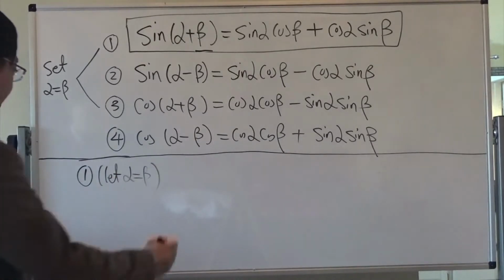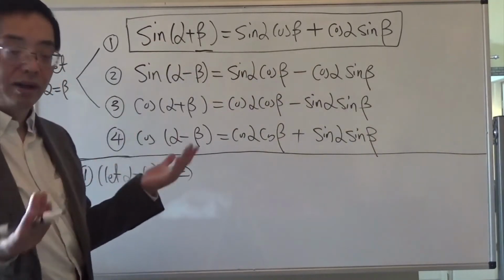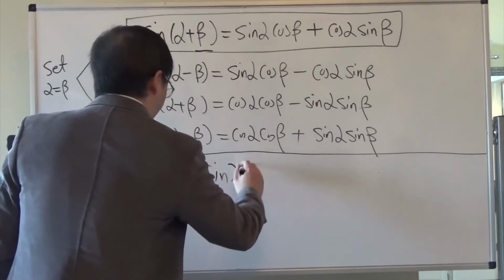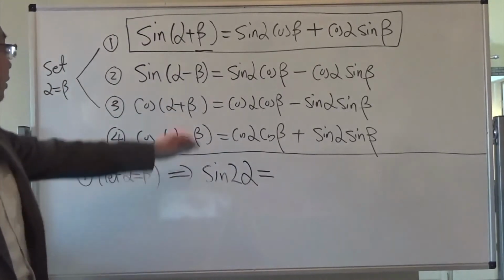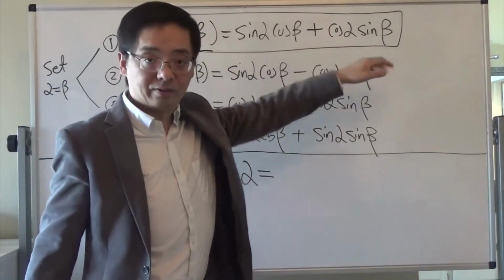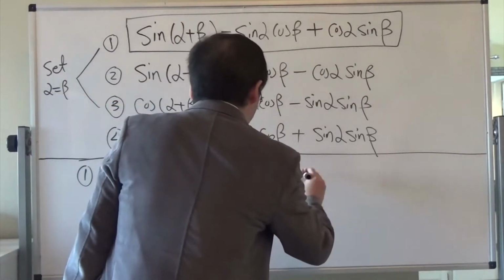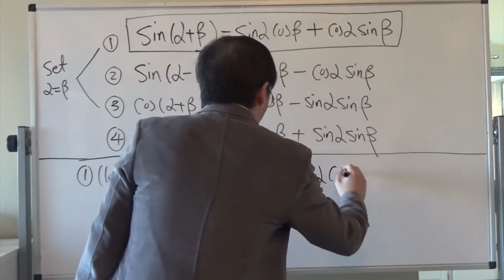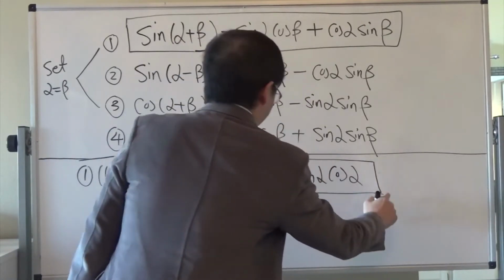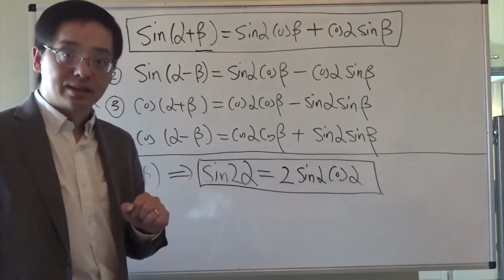On the left-hand side we have sine 2 alpha, and the right-hand side is sine alpha cosine alpha plus cosine alpha sine alpha. So there are 2 copies of sine alpha times cosine alpha. So we get sine 2 alpha equals 2 sine alpha cosine alpha. This is the so-called double angle formula for the sine.